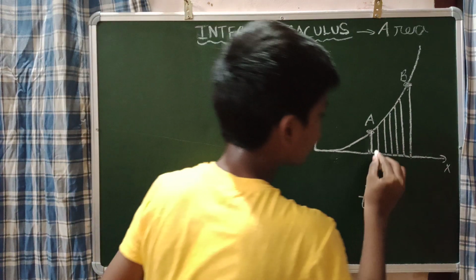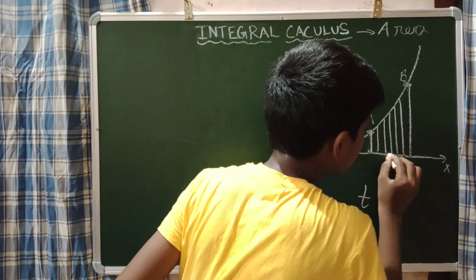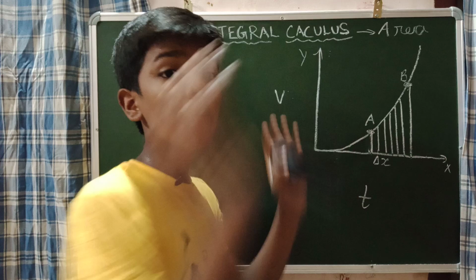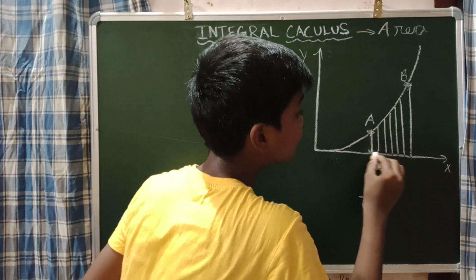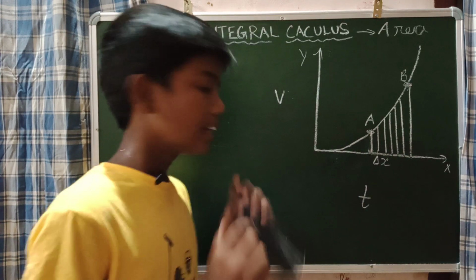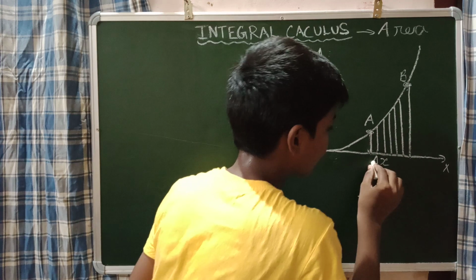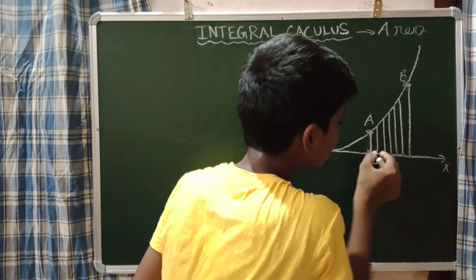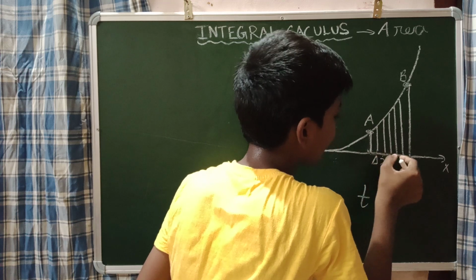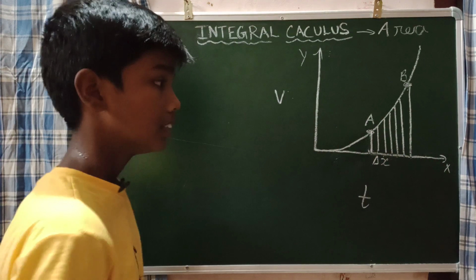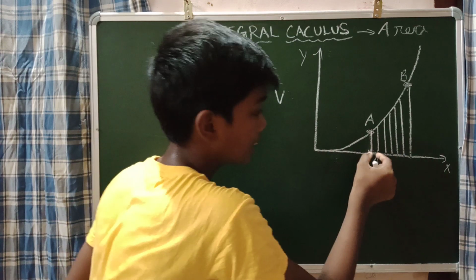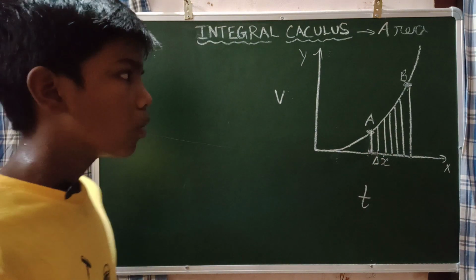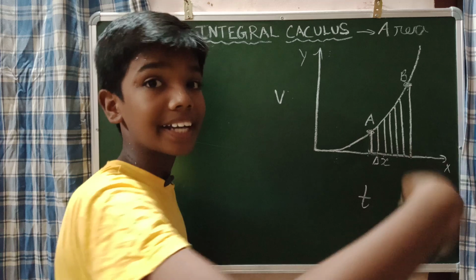Now let me say that the breadth of each strip is delta x. I am not saying it for the group of strips. Only for each strip the breadth will be delta x. That means for this delta x, for this delta x, for this delta x, for this delta x, and for this delta x. So for each strip, this length, that means this breadth, will be delta x. Now as I told, I need to make the strips a rectangle shape.